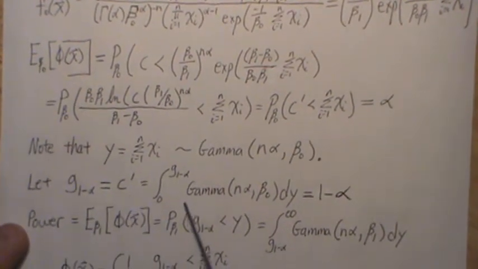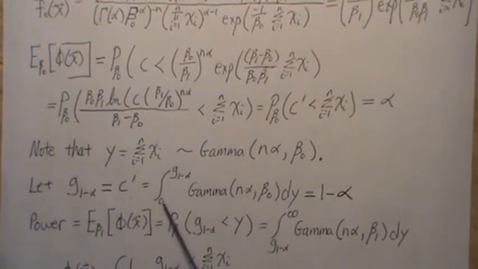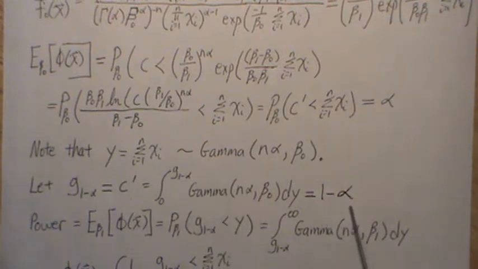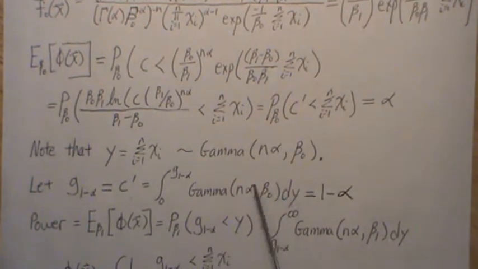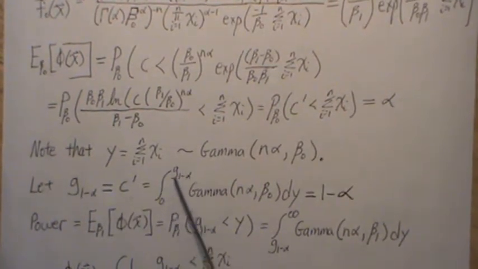Well, this is how you do it. So you integrate the gamma distribution with parameters n alpha and beta 0 from 0 to some number, and I'm going to call it g of 1 minus alpha, because we want this whole area to be 1 minus alpha. Now why is that? That's because the area in the tail would be alpha.